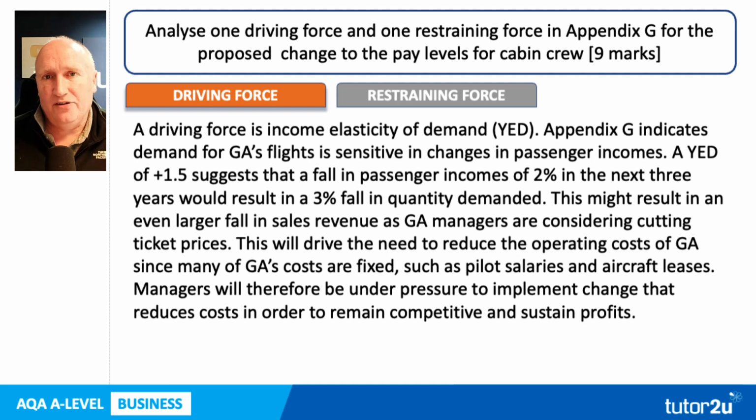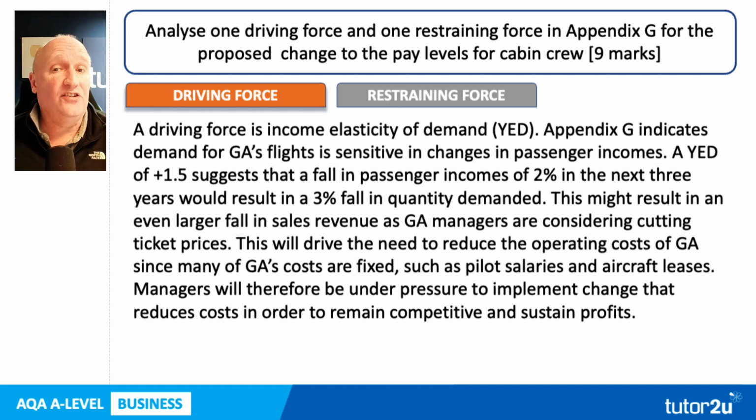Okay, how does this impact Lewin's model? Why does this turn it into a driving force? Well, this might result in an even larger fall in sales revenue as GA managers are considering cutting ticket prices. This will drive the need to reduce operating costs of GA. Why?